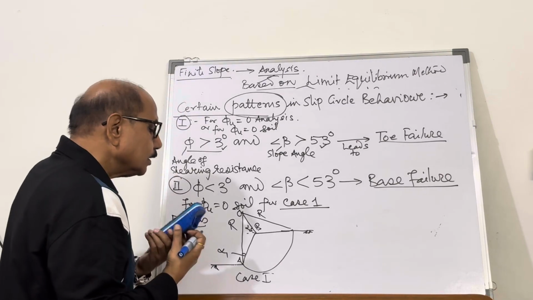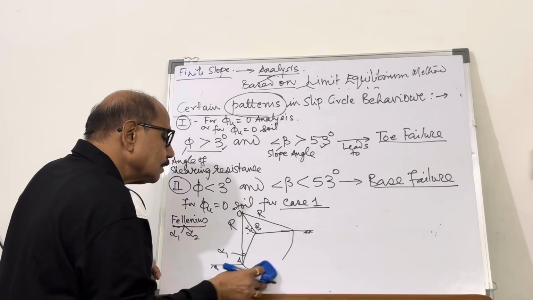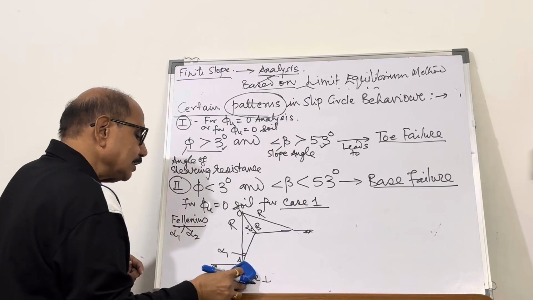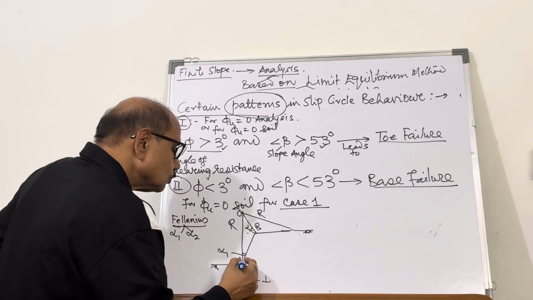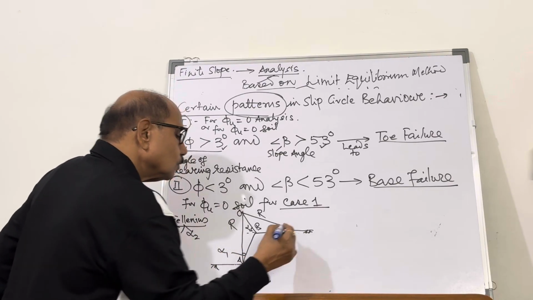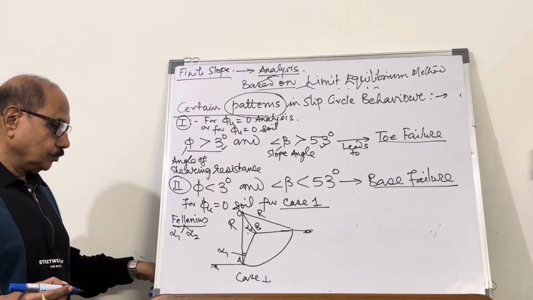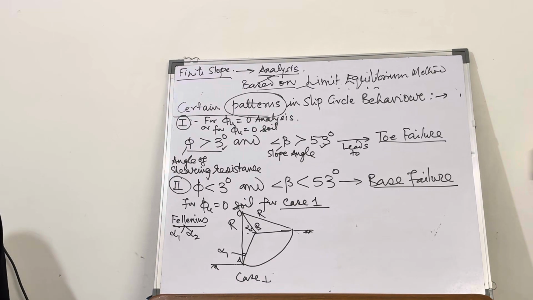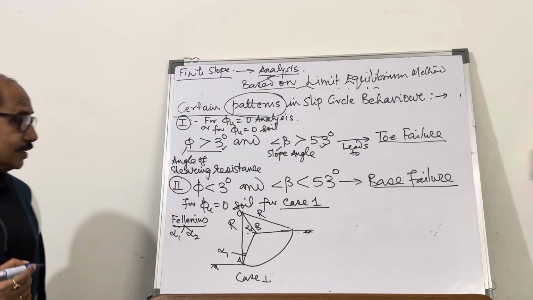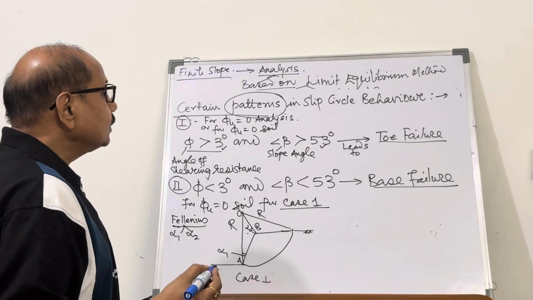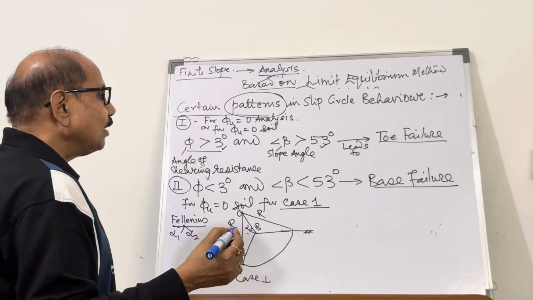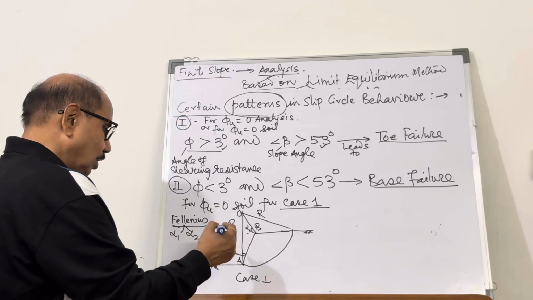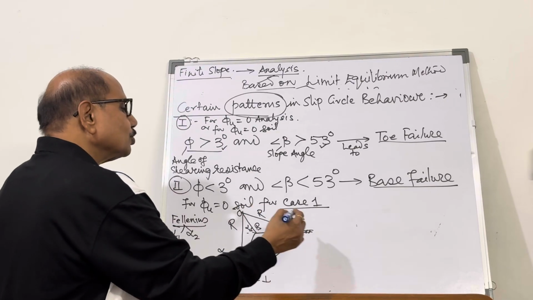Exactly to draw it more precisely, right? Then if it is homogeneous, but this is for phi u equal to 0 psi.